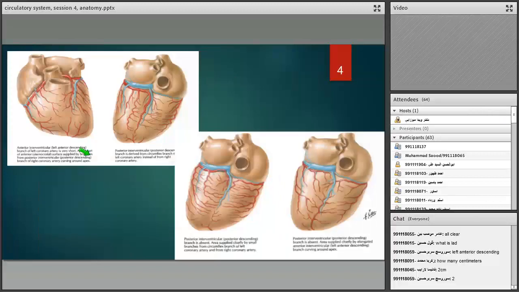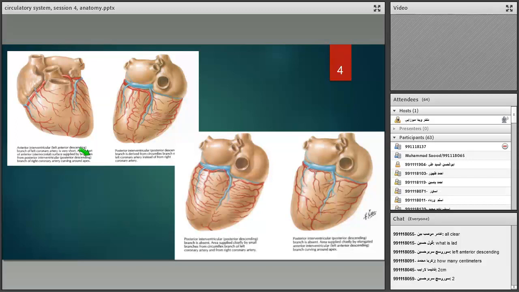Now, there are many variations in the heart vessels. Listen please. There are many variations in the formation of the blood vessels. How?